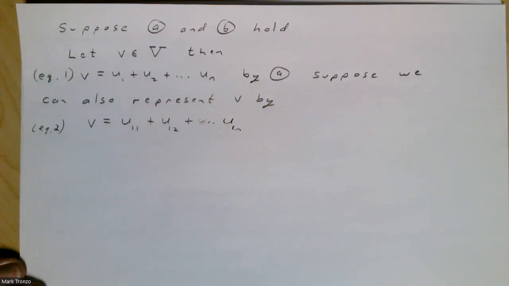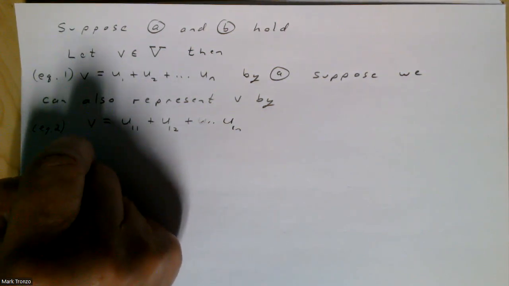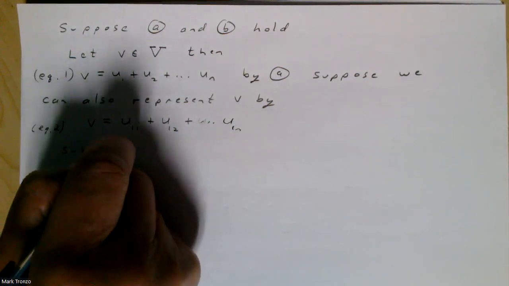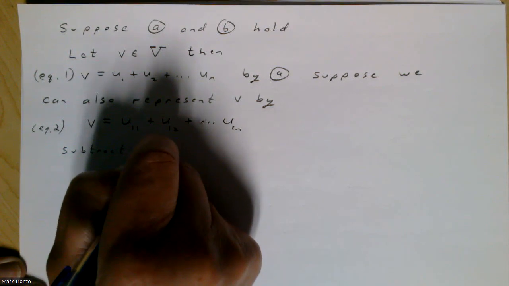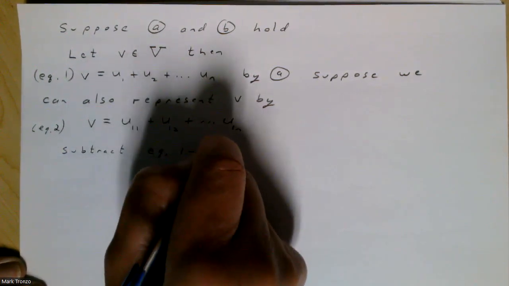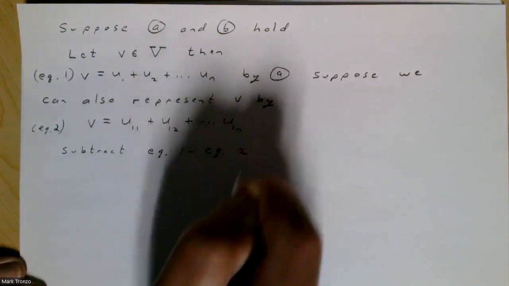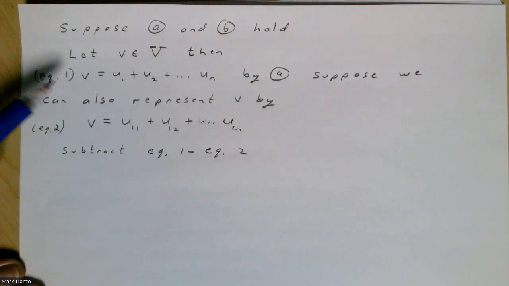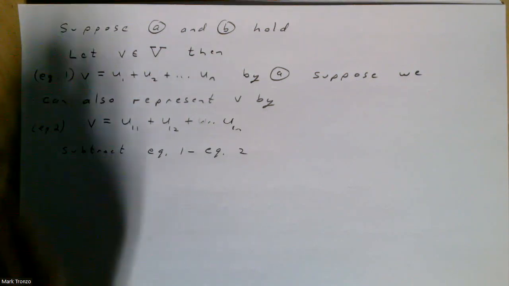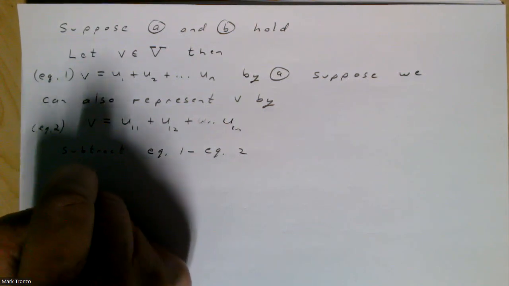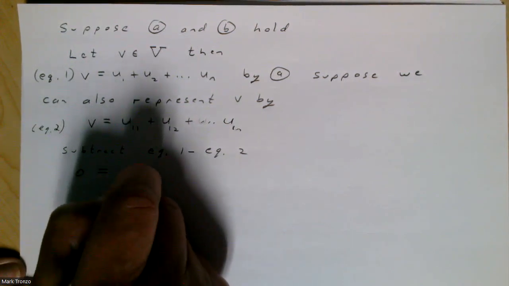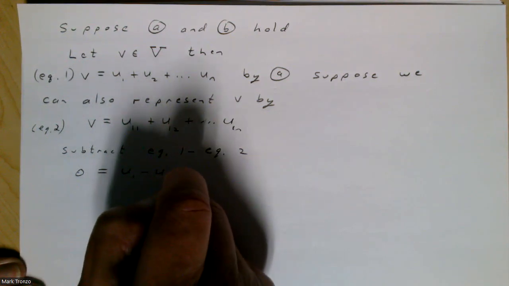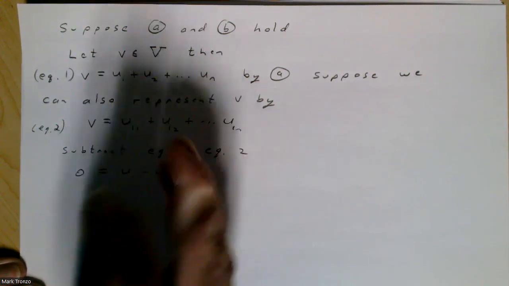So now subtract, and you could do it in either order. Let me subtract equation 1 minus equation 2. And so when we subtract them, we're going to get 0 on the left-hand side, and we're going to get this on the right-hand side.